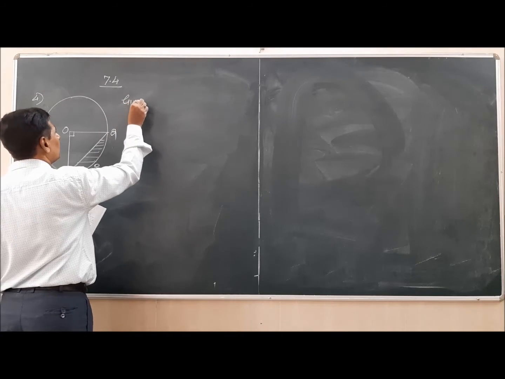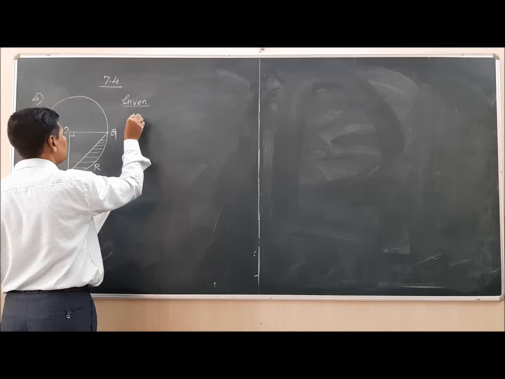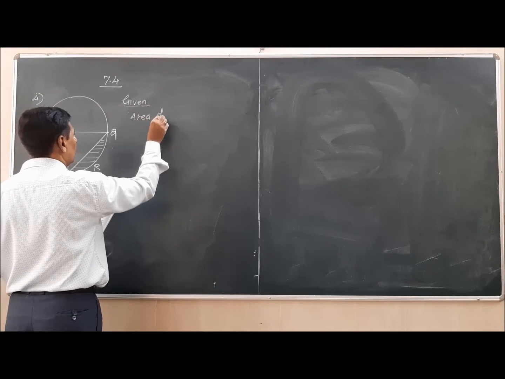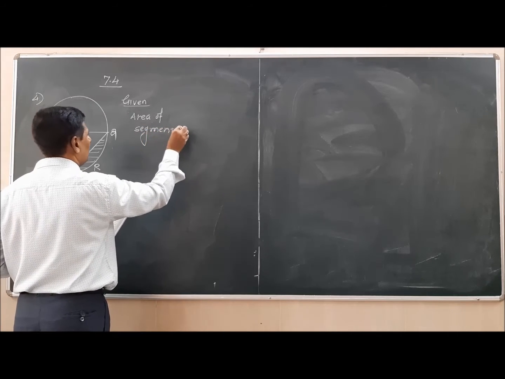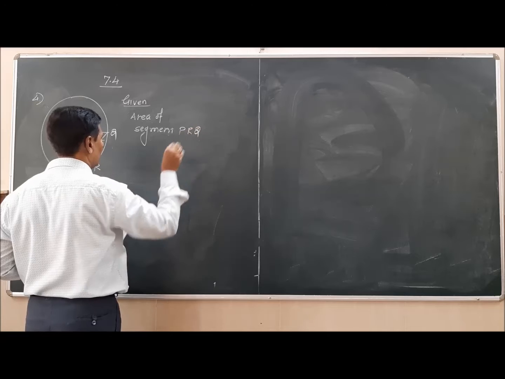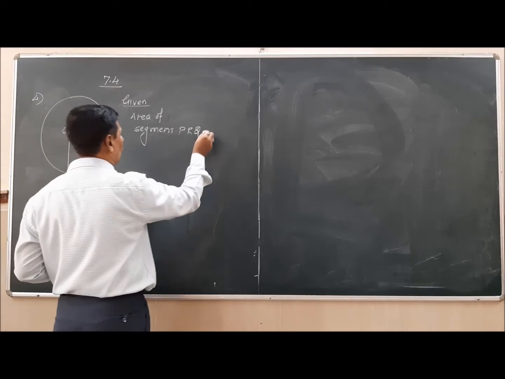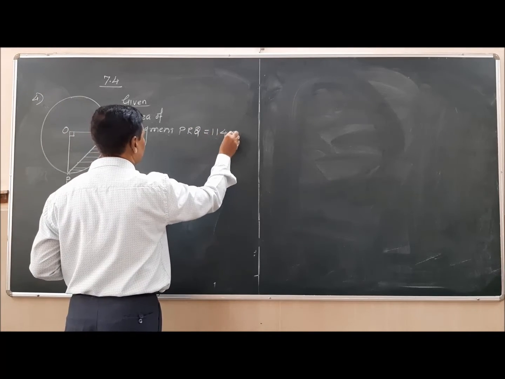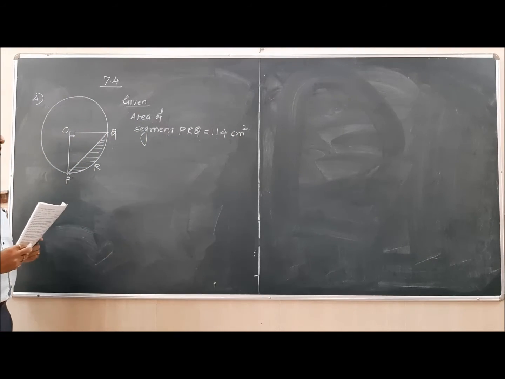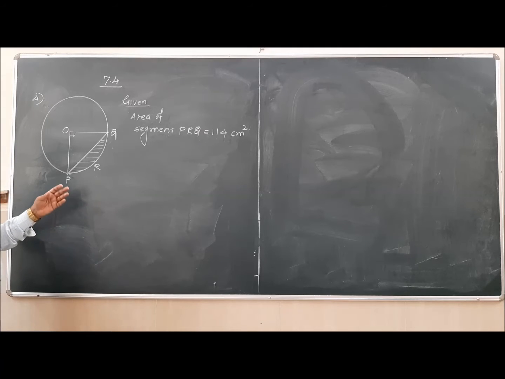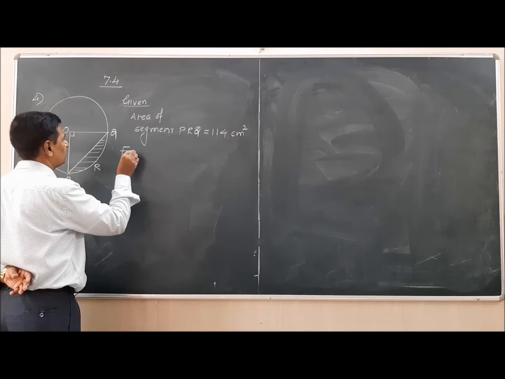Given area of segment PRQ as 114 centimeter square. As you all see, the central angle is of 90 degree. Question is find out the radius.